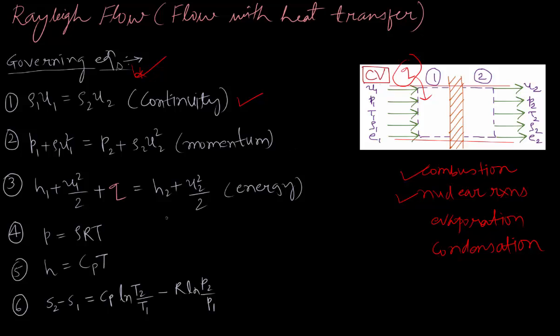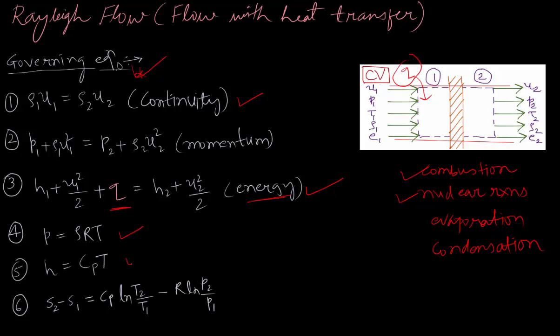This is energy equation. Since our flow involves heat transfer with the surroundings, we have to add Q in the energy equation. So our energy equation is h1 plus u1 square by 2 plus Q equals h2 plus u2 square by 2. The fourth equation is equation of state.